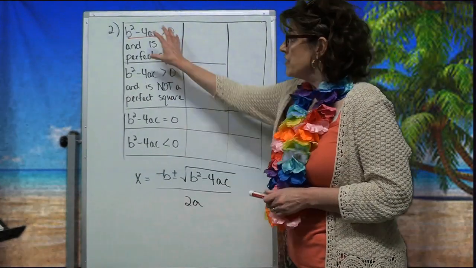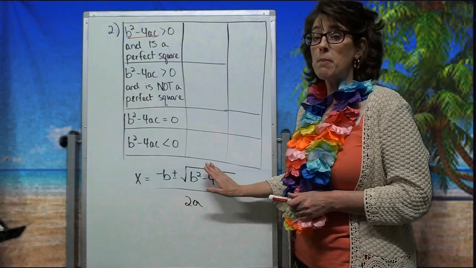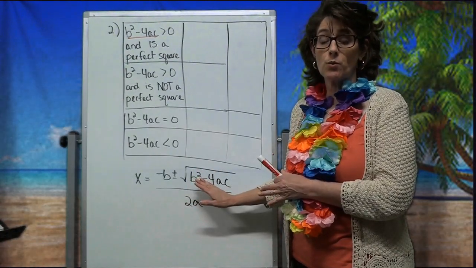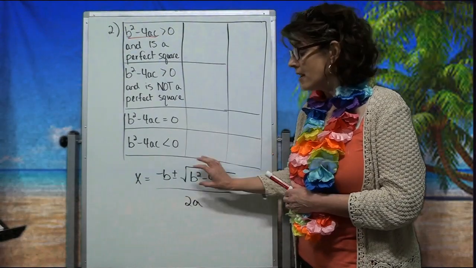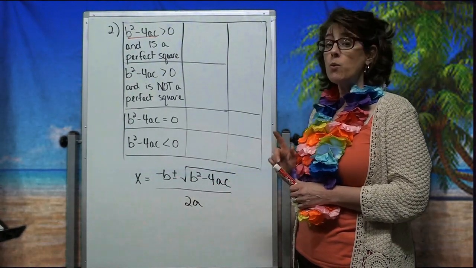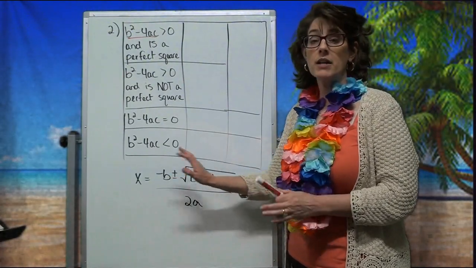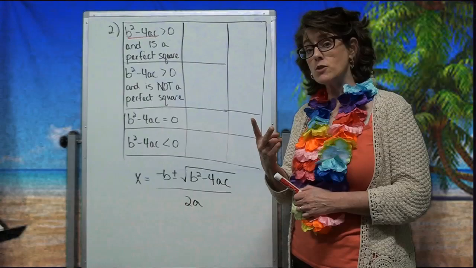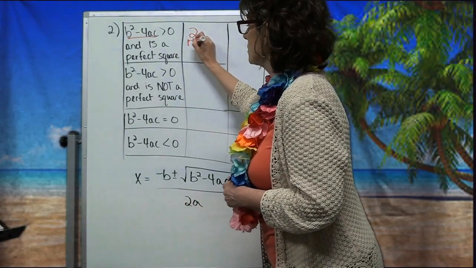So in other words, the number that goes underneath this radical is a positive number, and I can find the square root of it. So I'm going to take this negative b, add that number, and subtract that number. So I will end up with two answers, negative b plus and negative b minus, and they are going to be two rational roots.